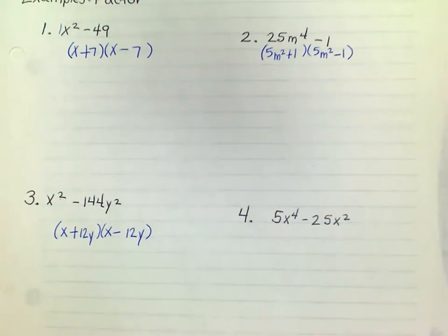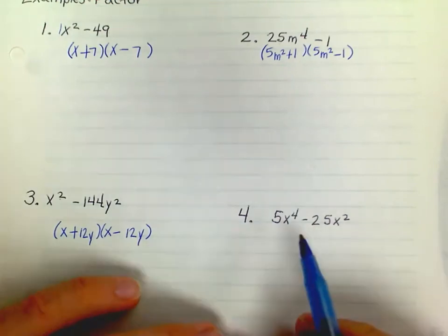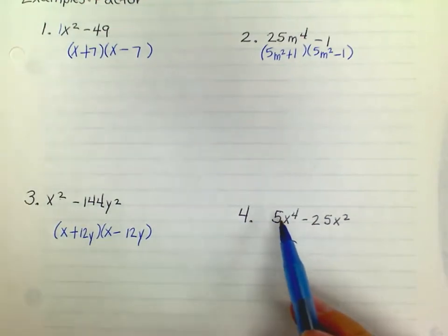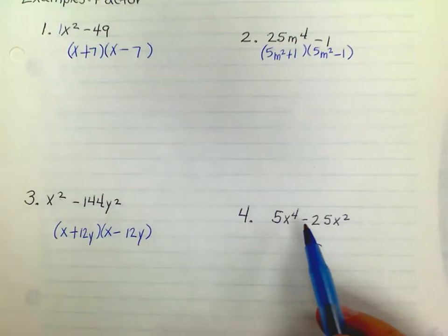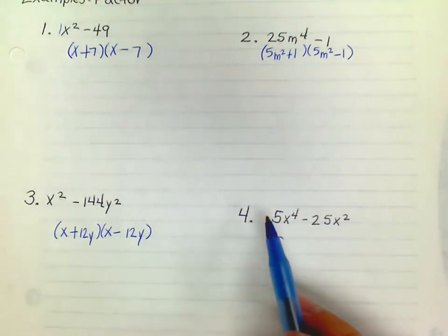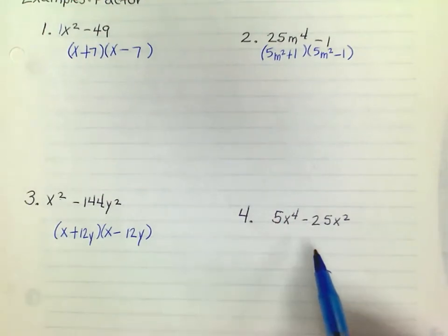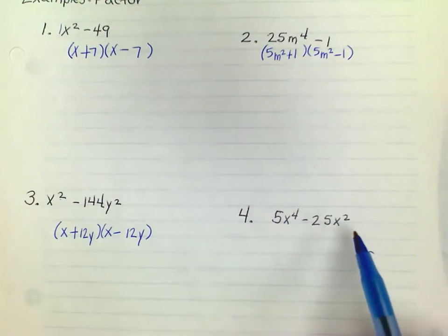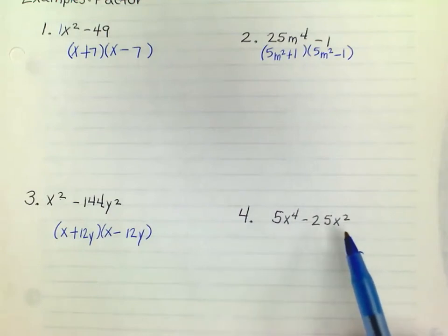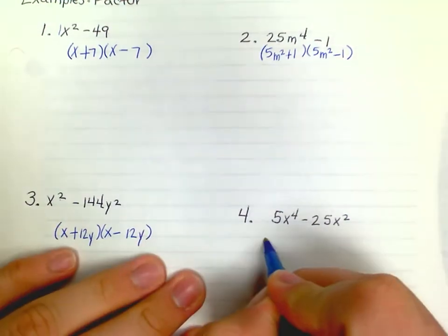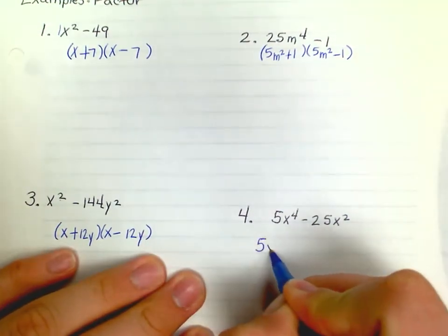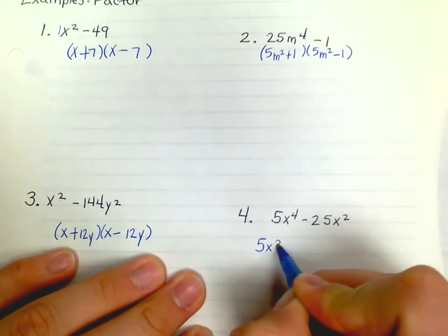And finally, to conclude with an example like number 4, if you look, there is something that will go into both terms. 5 will go into each term, because 5 will go into 5 and 5 will go into 25, 5 times. And we will also be able to factor out a variable with an exponent because both terms contain an x, and we can pull out the x squared because it's the least of the two exponents. So we can pull out a 5 and an x squared.